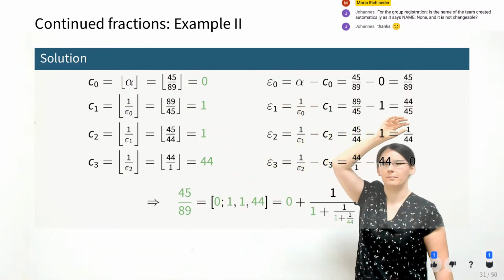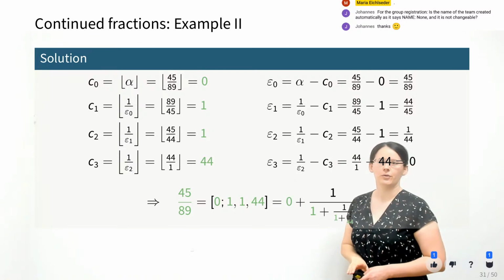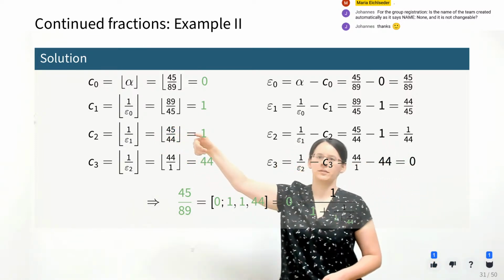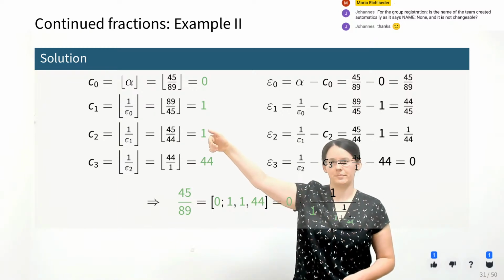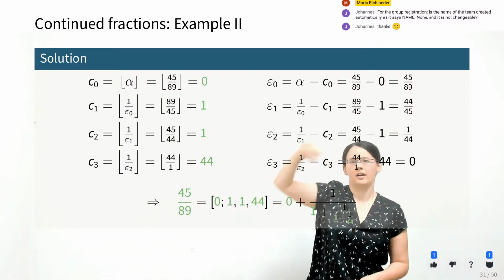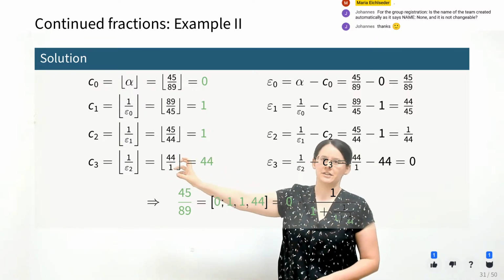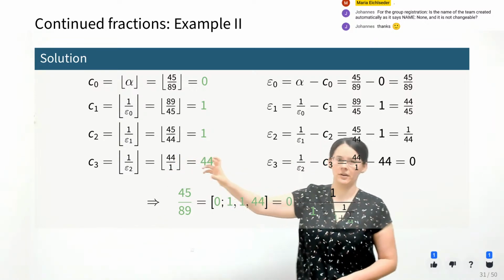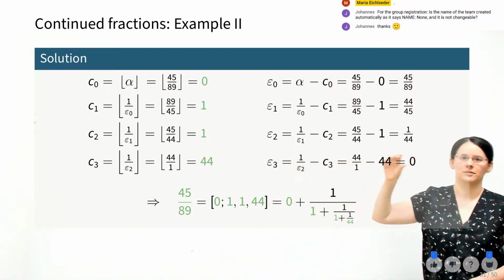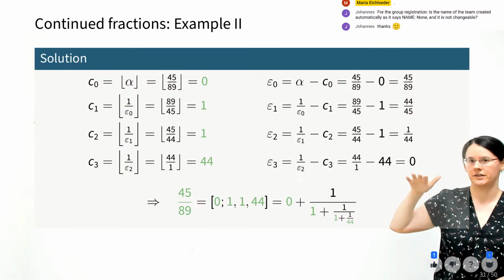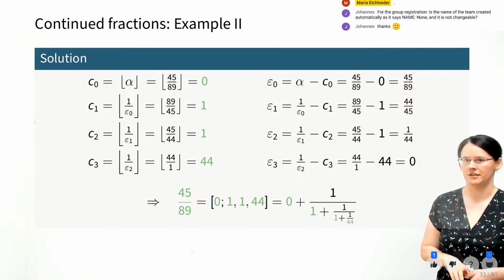I again compute the remainder, which is now 44 over 45. I again flip it, compute the integer part, take the remainder, flip it. Oh, and now I've accidentally actually reached an integer value. So the remainder, that is, the distance between my approximation so far and the actual value, is 0, which also means I'm done at this point.